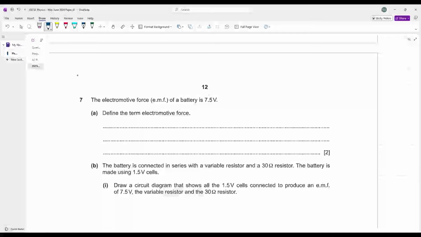The electromotive force of the battery is 7.5 volts. Define the term electromotive force. What will you say? Work done per unit charge in moving a unit charge across the complete circuit.